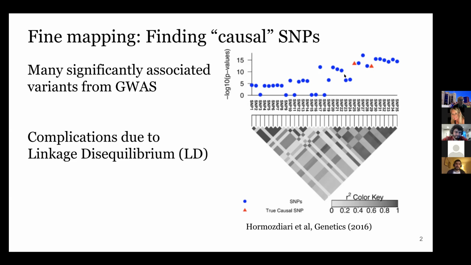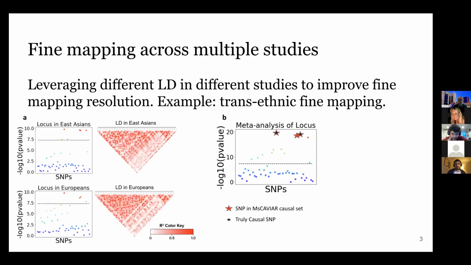So the problem of fine mapping is essentially trying to deconvolute this LD structure and identify the causal variants, by which we mean the variants causing the signal of association at the locus. There's increasing interest in performing these fine mapping studies across multiple studies. Of particular interest is transethnic fine mapping, where we have GWAS statistics from populations with different ethnic backgrounds.